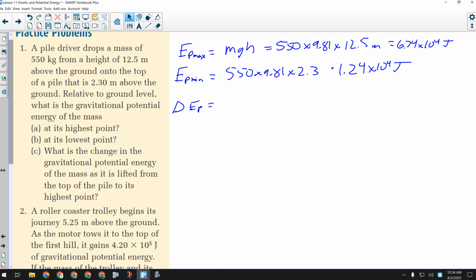All right, then it says, what is the change in potential energy if lifted from the top of the pile to its highest point? Okay, so final minus initial. Final is 6.74. The initial is on the top of the pile.